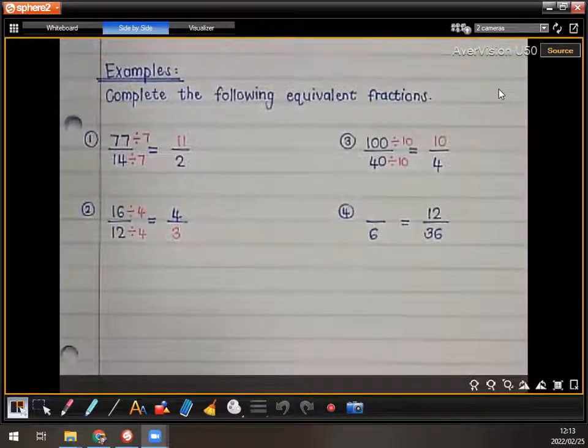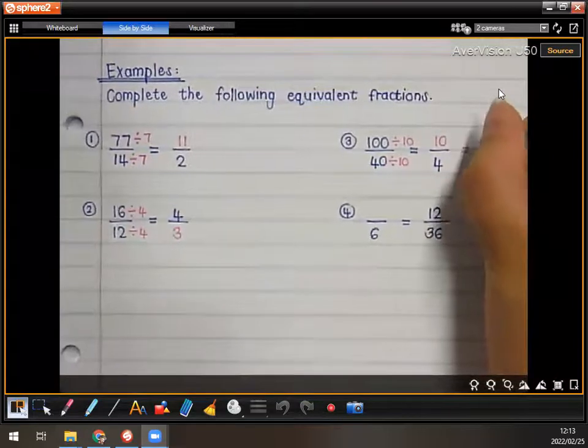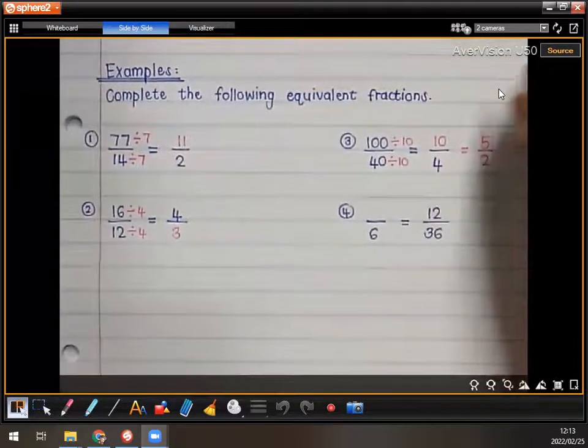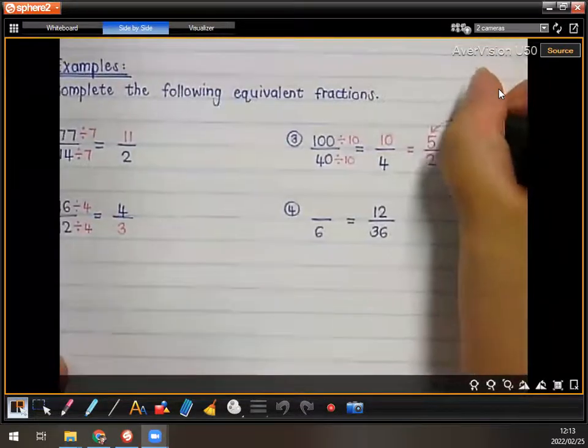No, right? So these ones aren't actually neither. But they will simplify to 5 over 2. Okay, let's just write that in pink or whatever other color you're using at the back of it. This is the simplest form.